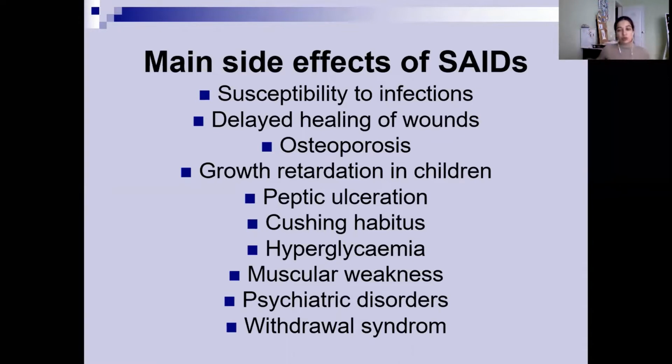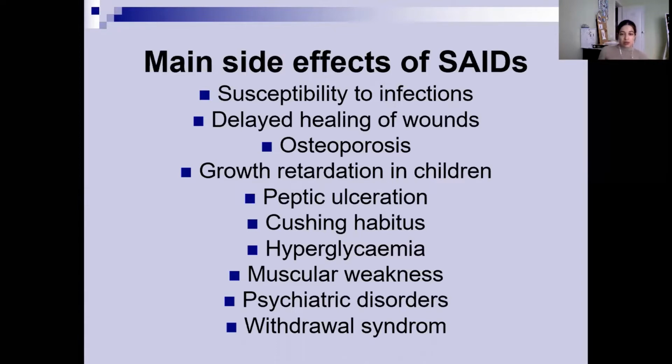Cushing habitus. Cushing is a kind of syndrome in which the patient has a lot of corticoid hormones and his body becomes a little bit changed. He has more fat in the upper part of the body and less in the lower part of the body, and different other physiological problems.